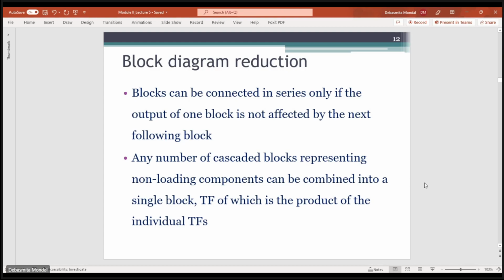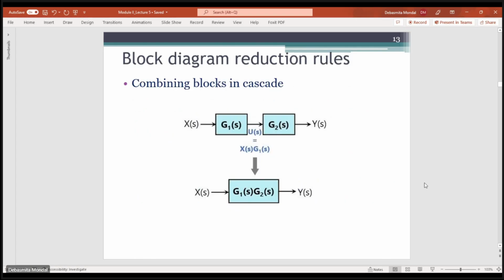So if you have a number of cascaded blocks, or blocks in series, which represent non-loading components, and there is no takeoff point or branching between the 2 blocks, then you can combine the 2 blocks and represent them as one single block, which is given by the product of the individual transfer functions.